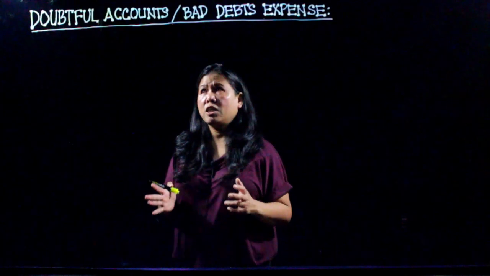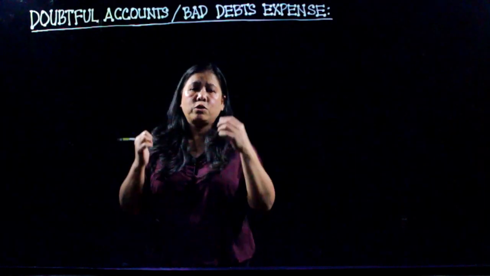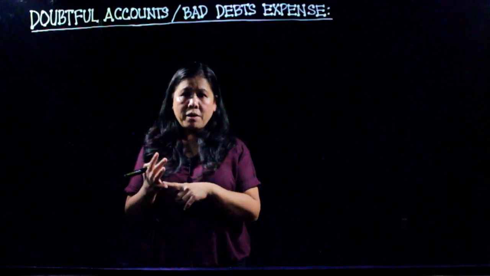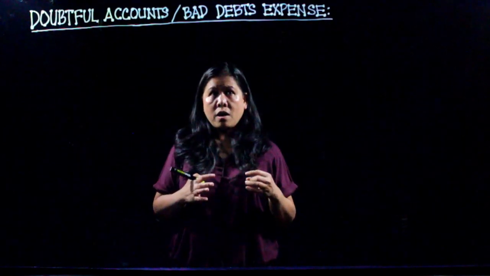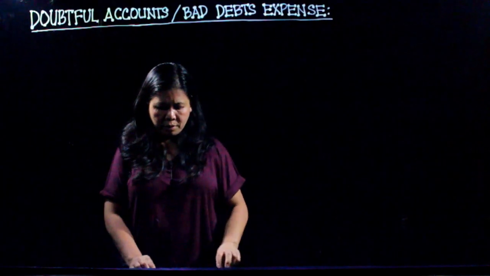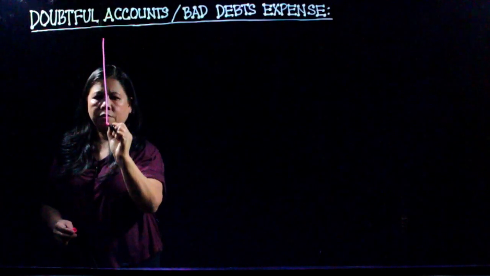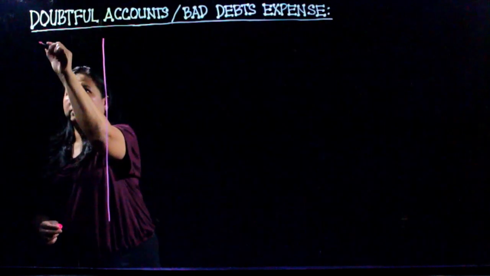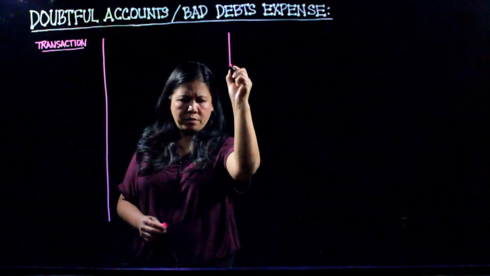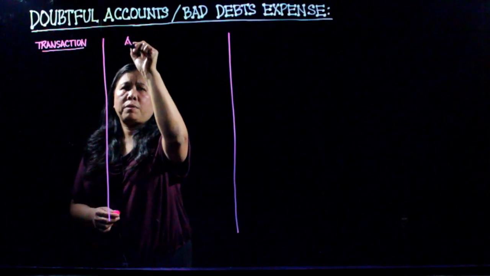All right, let's discuss more of the two methods in recording the doubtful accounts or the bad debts expense: the allowance method and the direct write-off method. So let me draw a line here for our transaction and another line here for our allowance method.